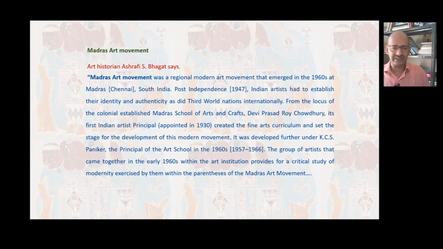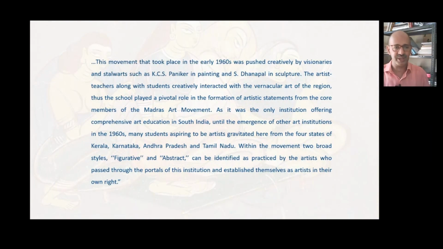The group of artists that came together in the early 1960s within the art institution provides for a critical study of modernity exercised by them within the parenthesis of the Madras Art Movement. So the Madras Art Movement essentially started from the Madras Art College, and later on this is going to spill over and would become a very active movement even outside Madras Art College. But the beginning certainly happened from within the Madras Art College institutional space.